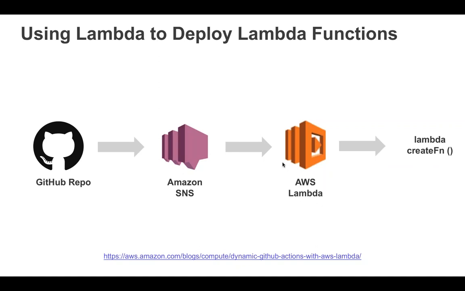So in other words, you've got Lambda running Lambda, or Lambda creating Lambda functions. Another rich scenario for version control and management, and for how your developers will work in a more complex environment where you have a number of people working on your Lambda functions. So GitHub is used as your repository, notifications are kicked off when new code is submitted to the repository, and then a Lambda function runs to upload it and create a Lambda function on AWS.